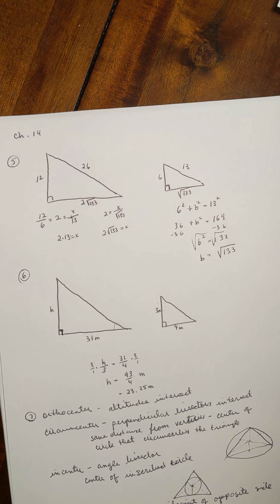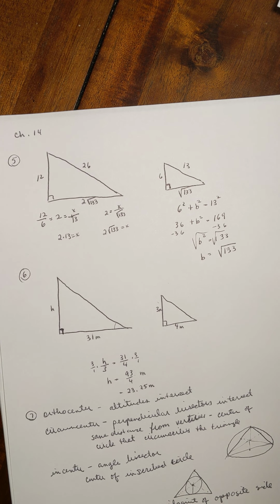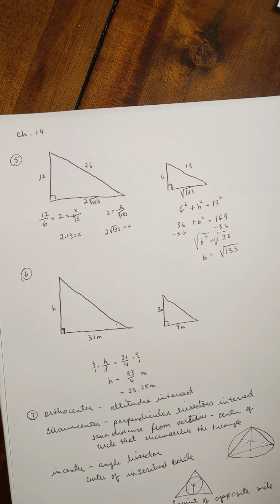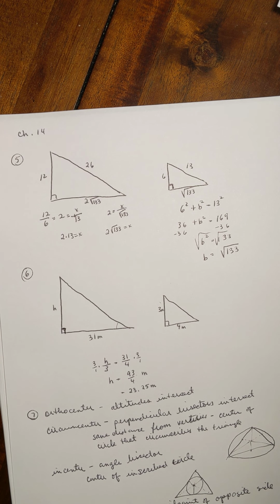And so if I look, here's the midpoint of this one, so I would come across here. Here's the midpoint of this one, so I'd come across here. And then here's the midpoint of this one, so I'd come across here. All right? And this also gives you the center of gravity of the triangle, if the density of the triangle is all consistent.